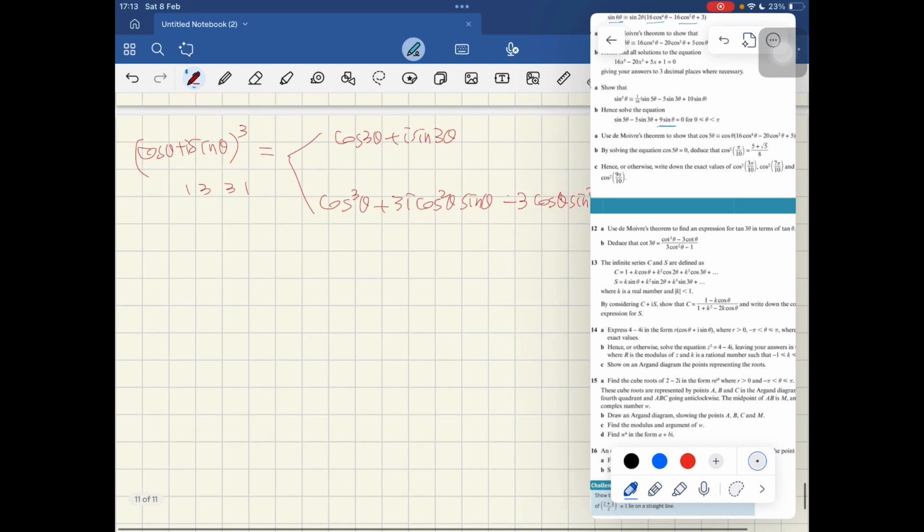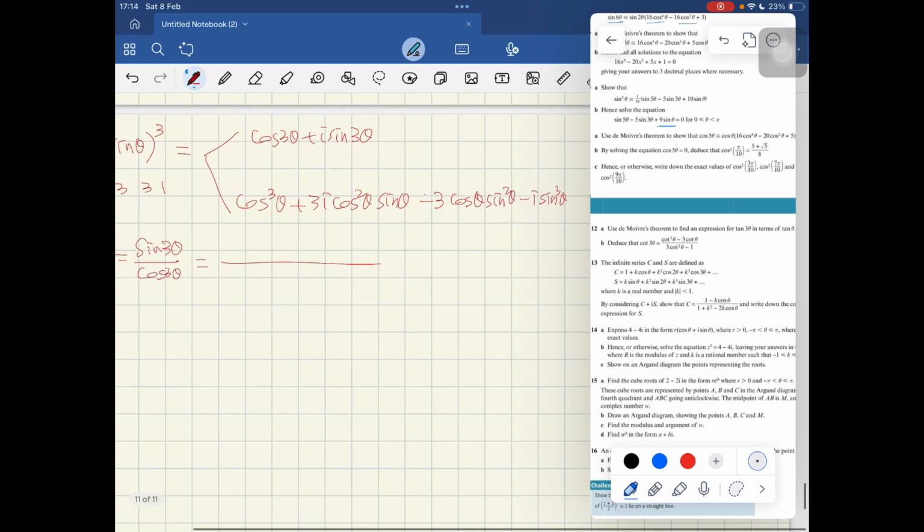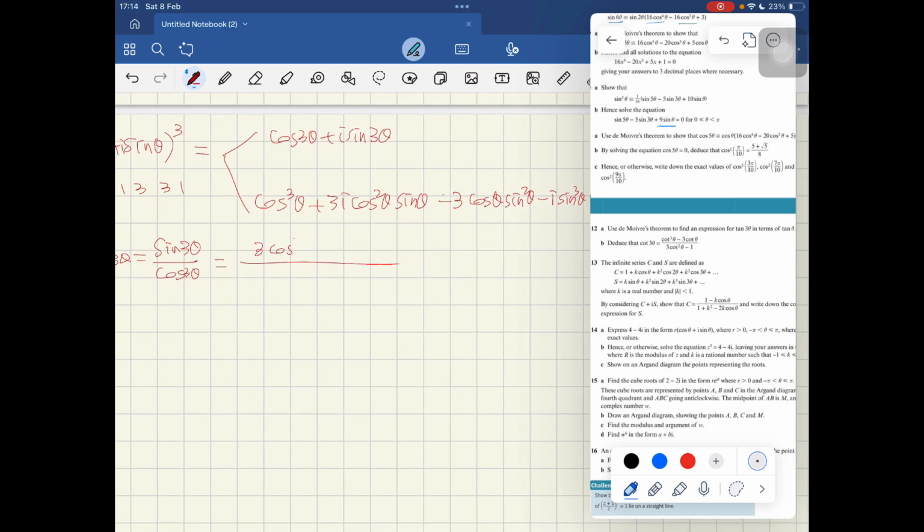So now tangent 3 theta is sine 3 theta over cos 3 theta. Somehow the Apple Pencil is a little bit strange now. So sine 3 theta is the imaginary part here: 3 cos squared theta sine theta minus sine cubed.